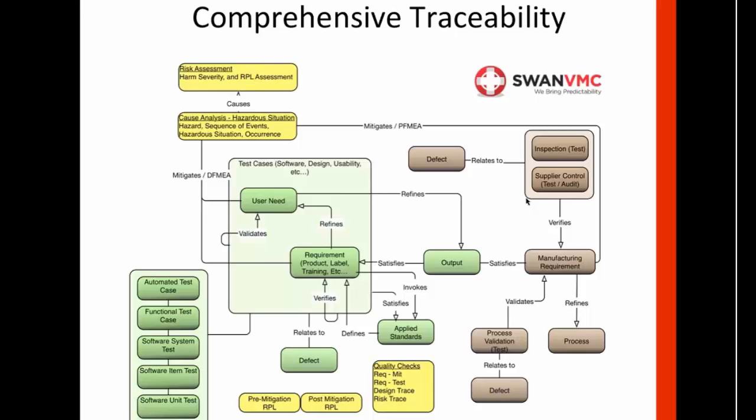And that way, when we find something in the field, pretty much any point where you get an audit, if you find a failure, either in your product requirements, in your testing, you have a part fail in the field, or you get a harm to a patient, this will allow you to trace through basically your entire system to determine not only if you've made a mistake in your design, but also if something needs to be mitigated that wasn't contemplated, and to do that quickly and really come up with a terrific strategy for mitigation of this problem, whatever it is in the field.